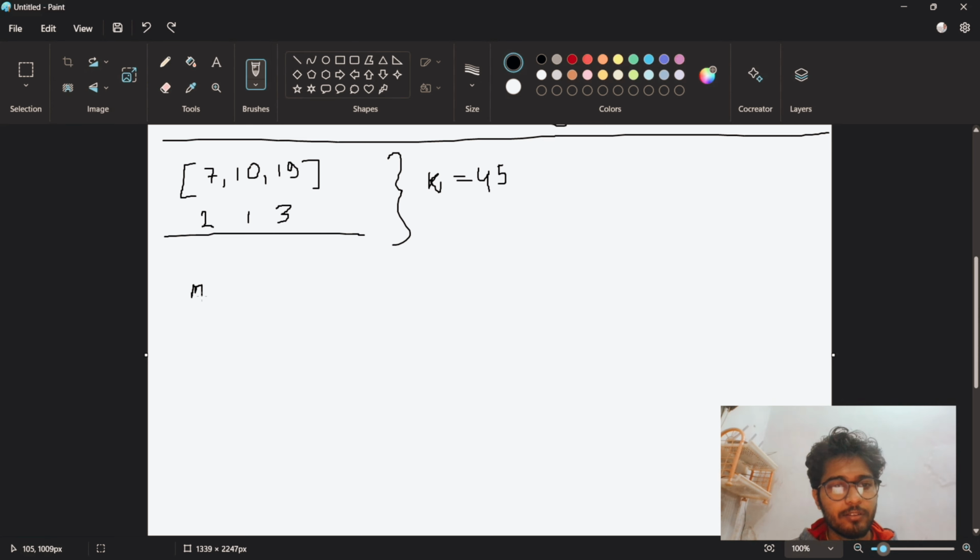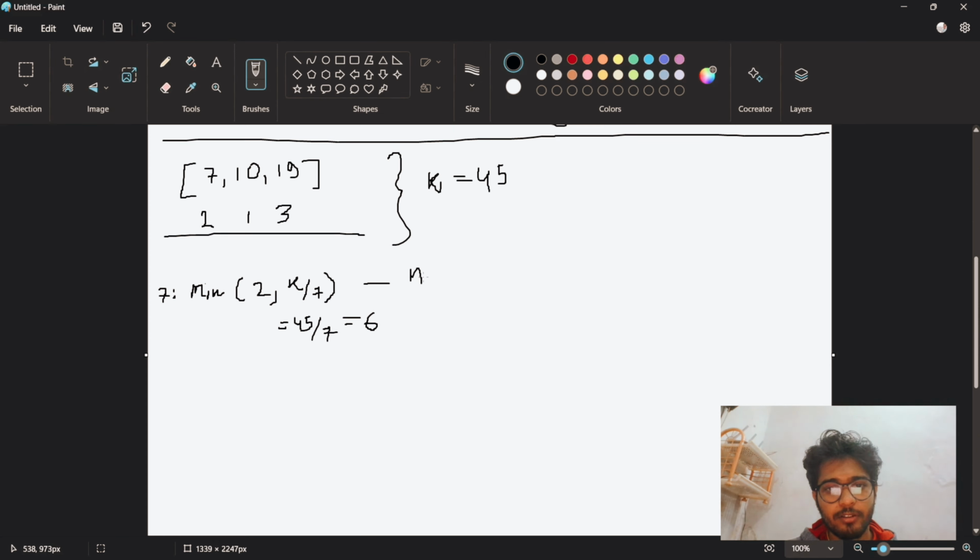For this, we will take the minimum of the total number of stocks available, that is 2 for the first case, and the maximum number of stocks that we can buy with our balance amount. For the first case, when the price was 7, k by 7 implies 45 by 7, which is equal to 6.